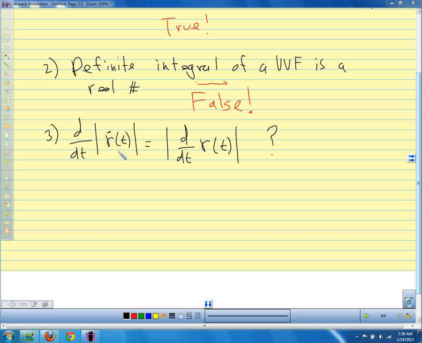So let me give you a hint. For you physics people, think of circular motion. Motion on a circle.